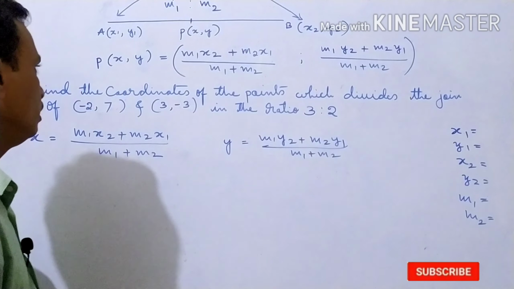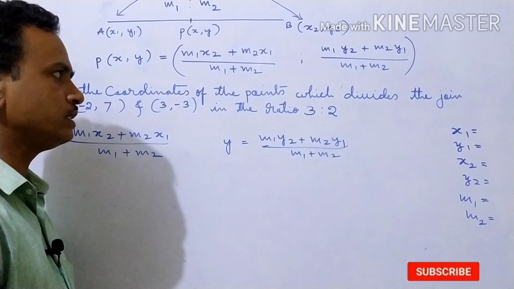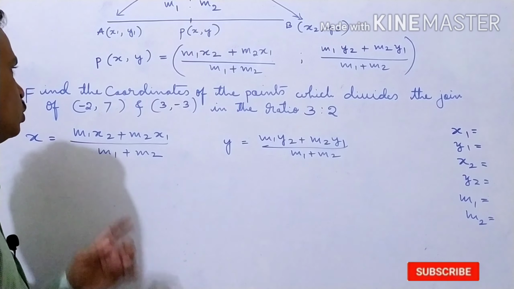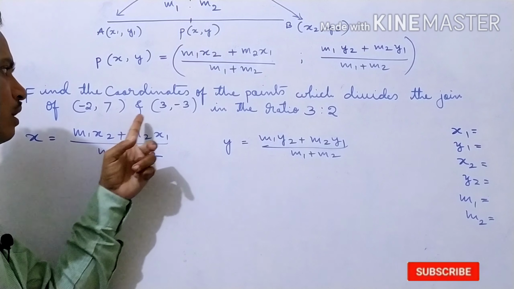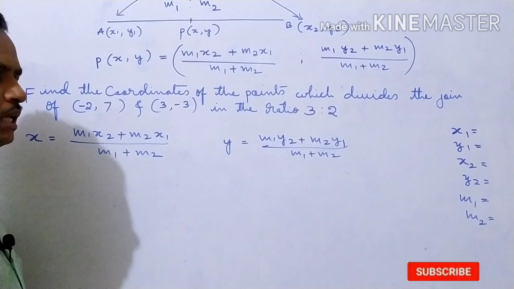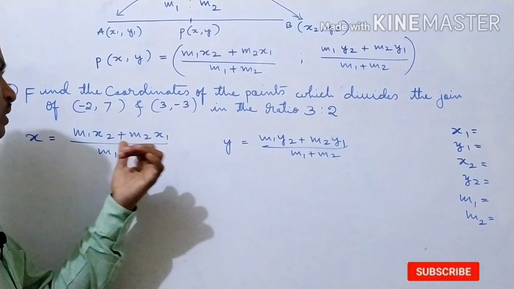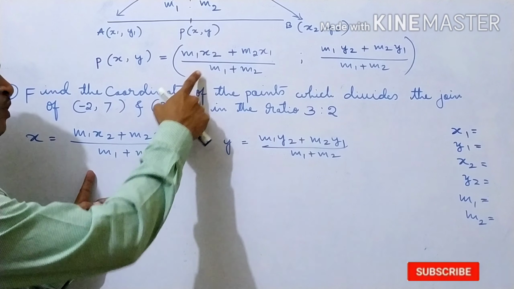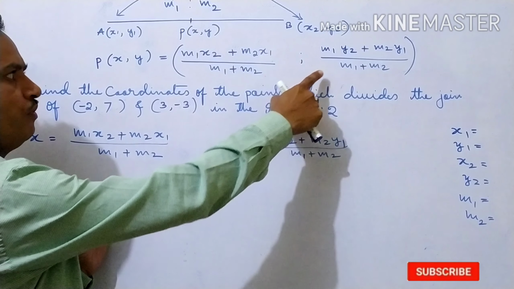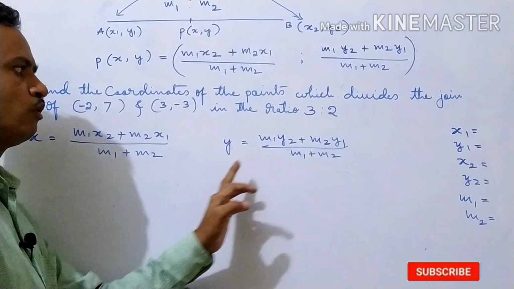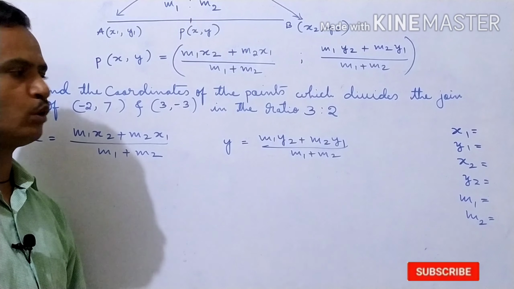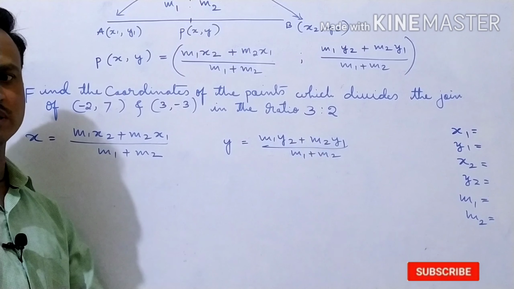Question number 3. Find the coordinates of the point which divides the join of (-2, 7) and (3, -3) in the ratio 3:2. To find the x coordinate, I told you which formula we have to use, and to find the y coordinate, this formula: (m1 y2 + m2 y1) whole divided by (m1 + m2).